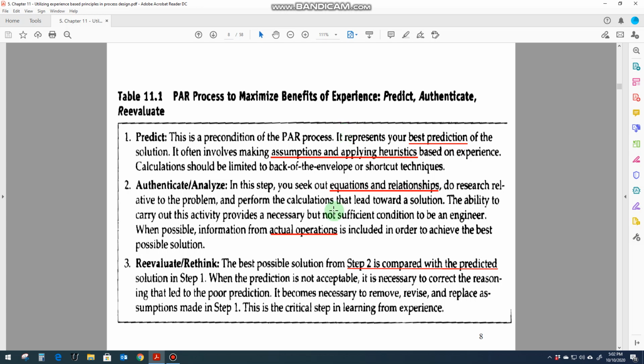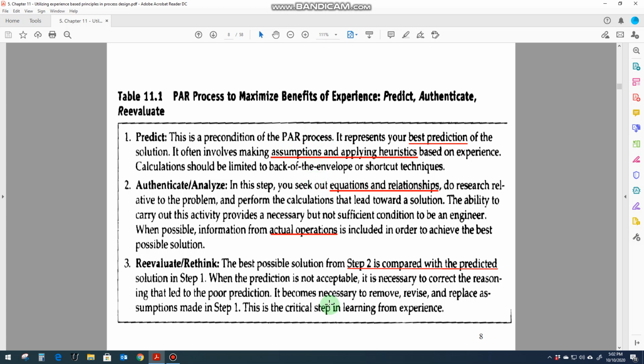And this is what we will reevaluate and rethink. If there is some discrepancy in the results from the authentication or analyzing step, or if the difference is large compared to what we predicted in the first place, then we have to change or modify the equations and develop new heuristics until we get near to what we predicted in the first part.